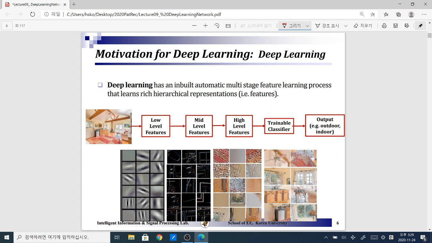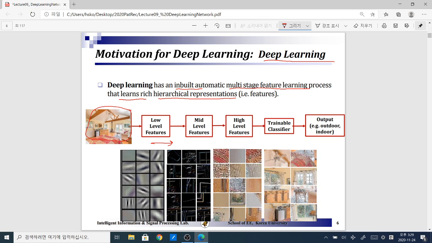On the other hand, for the deep learning process, the features are learned by itself, from stage to stage. There is a built-in automatic multi-stage feature learning process that learns rich hierarchical representations.